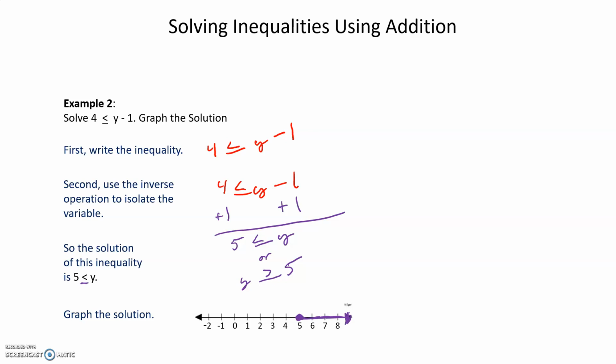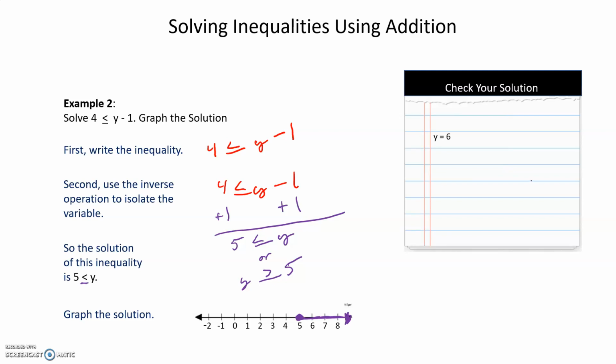All right, and like last example, I can check my work. I'm going to plug in 6 and 4 to see if my solution is true. So let's see. However you want to write it, 5 is less than or equal to y, or you can do it that way too. I'm just going to write it the original way.